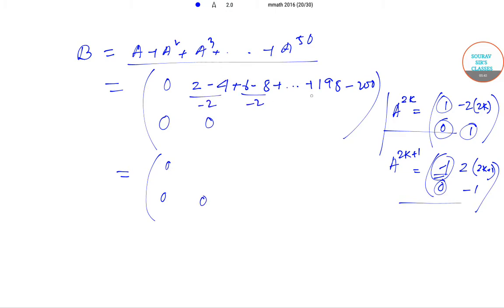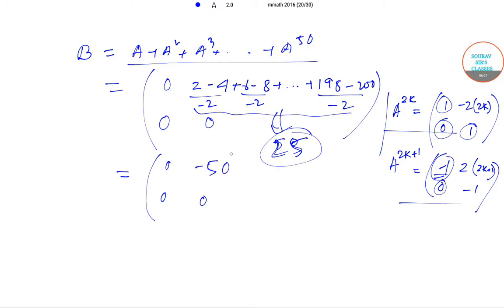Here also it is -2. Similarly, here also -2. This thing occurs not 50 times actually, it occurs 25 times, since we are taking two matrices together at one instance. So 25 into -2 is equal to -50.